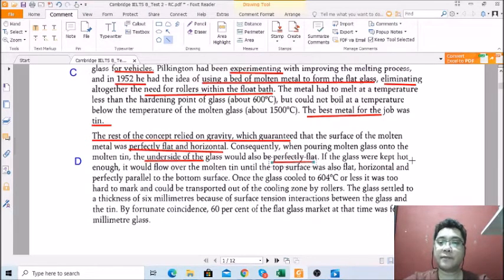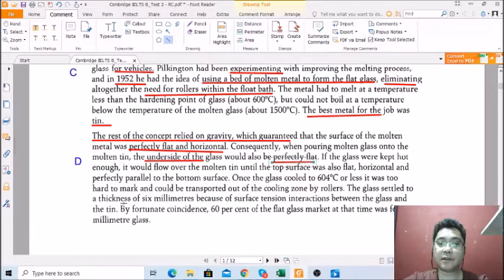And if the glass were kept hot enough, it would flow over the molten tin until the top surface is also flat, horizontal, and perfectly parallel to the bottom surface. Once the glass cooled to 604 degrees Celsius or less, it was too hard to mark and could be transported out of the cooling zone by rollers.